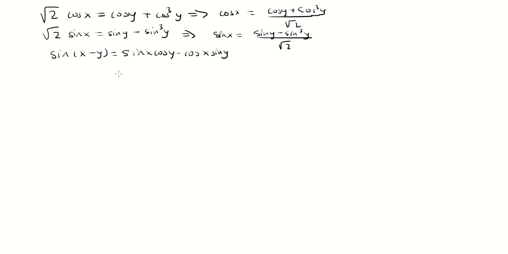So we'll substitute it in here. Sine y minus sine cubed over square root of 2 times cosine y, minus cosine x, which is just cosine y plus cosine cubed over square root of 2, times sine y.